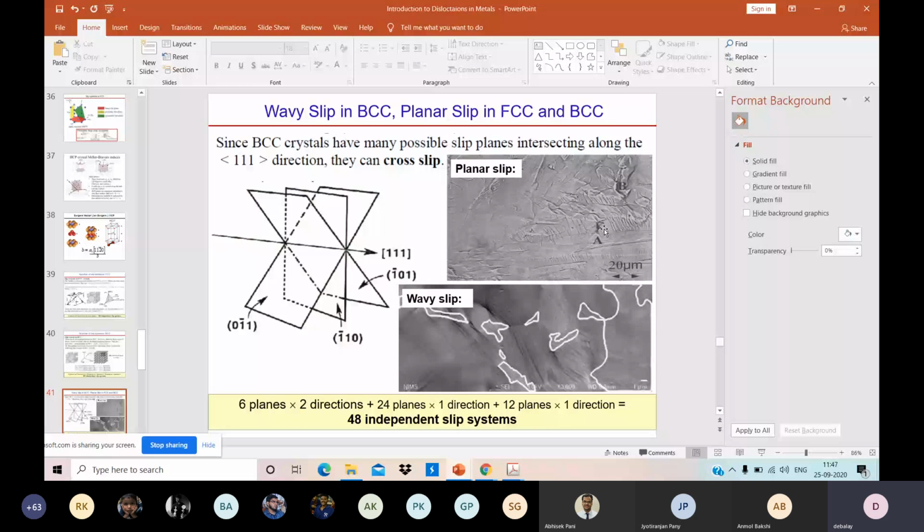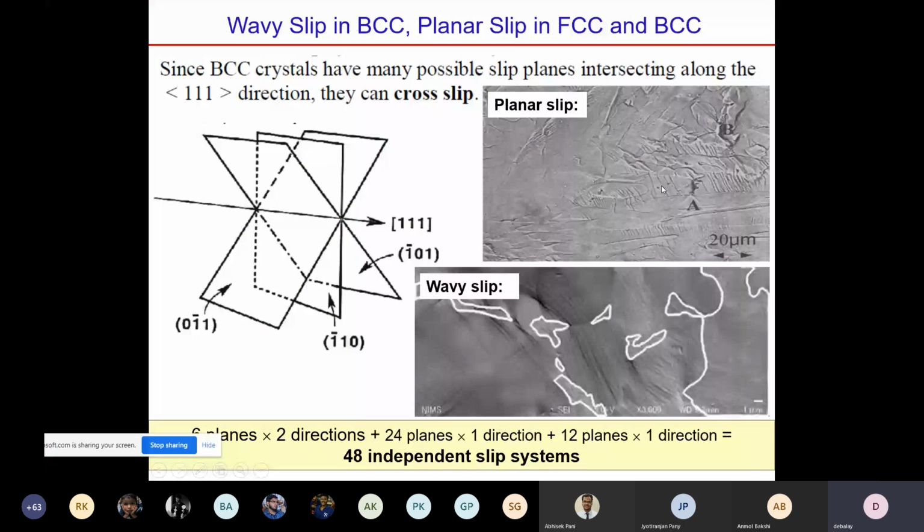But in BCC, multiple of them, 111, 110, 112, 123, all come into play. So dislocations often move from one system to another. So we call it wavy slip. You will find the slip steps that form are wavy. In FCC, it's called planar slip, and in BCC, it's called wavy slip because lines are often bent as if in a wave, and multiple things are coming into play.